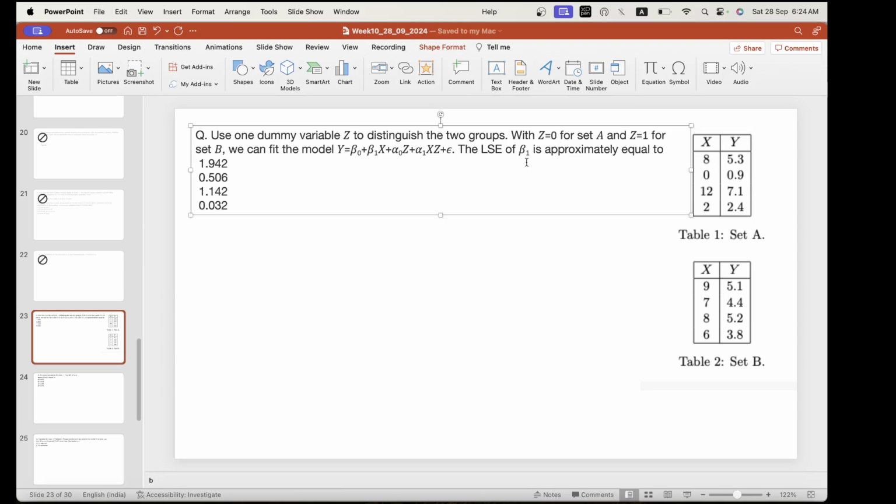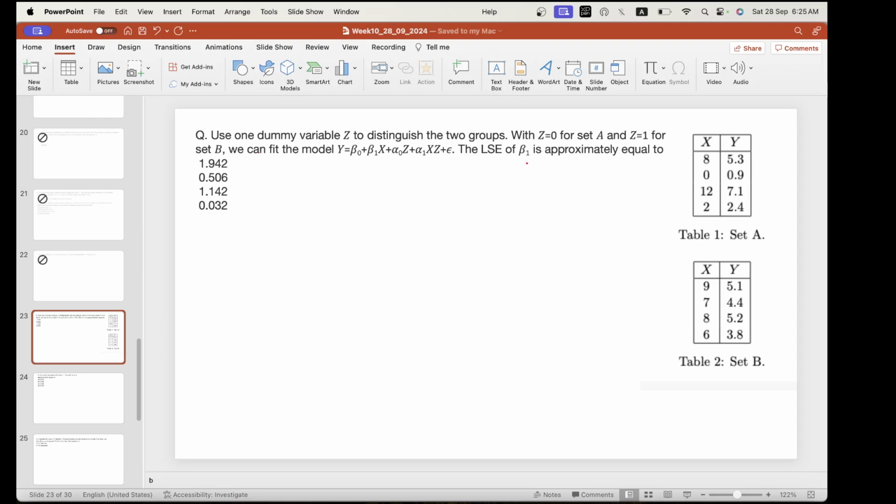Okay, so here what they have said, we have two blocks of data. Let's say one is coming from set A and one comes from set B. Okay, so we have this thing, we can fit the model, this.